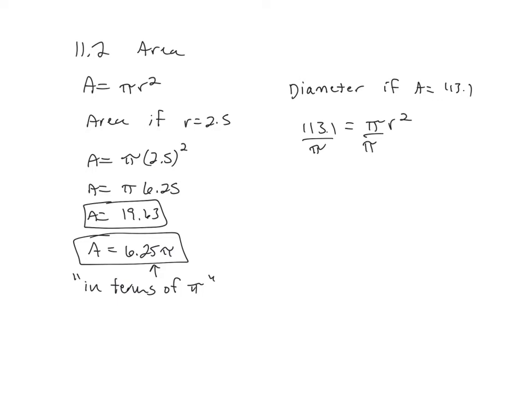So 113.1 divided by pi, and I actually get like 36.0000, and then r squared, just like kind of Pythagorean theorem.